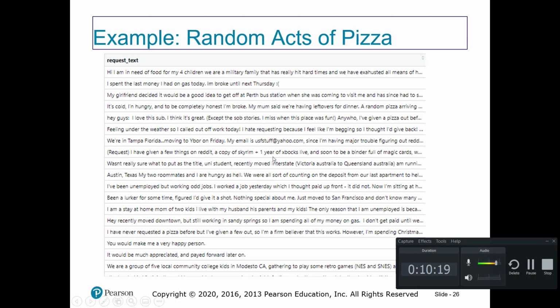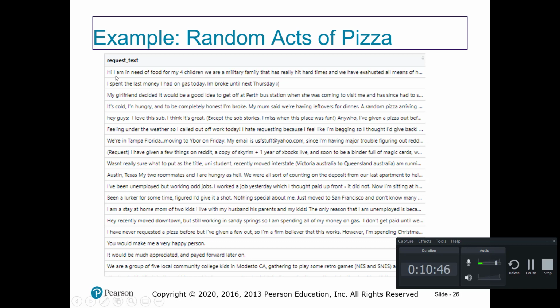Here's another example. This is one I did in my predictive analytics course. If you've come across Reddit, it has a subreddit called Random Acts of Pizza. What people do is give a plea of why they deserve free pizza. I've been laid off from my job. I've lost my apartment. I really deserve a pizza.